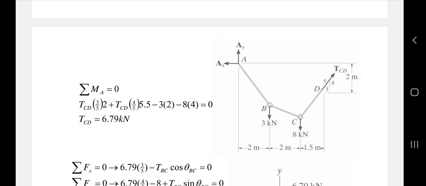If you see on the left side of the figure, summation MA is equal to 0. TCD is broken down into two components: TCD the X component and TCD the Y component. X component will be in this direction and the Y component will be in this direction. Now if we consider TCD the X component, there are two ways to calculate the vector component of the member TCD.